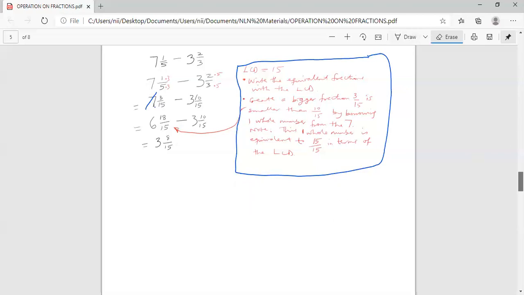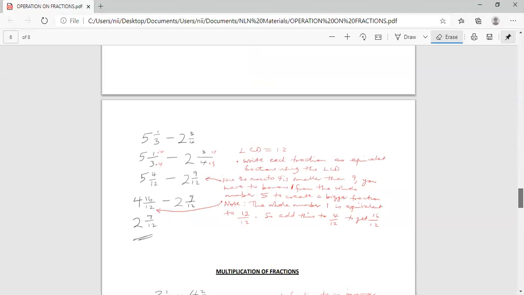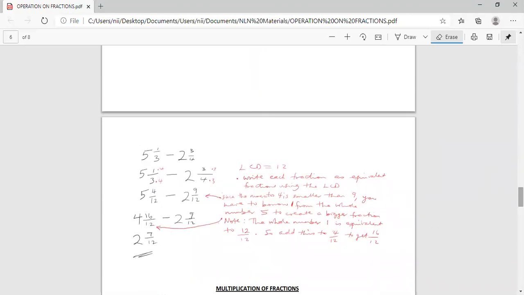All right, let's see another problem. Let's apply the same approach here. If I have 5 1/3 minus 2 3/4, I have to begin with the LCD. 3 and 4, LCD is 12.